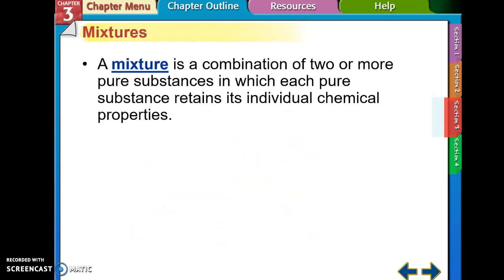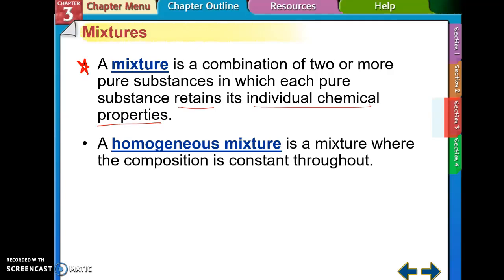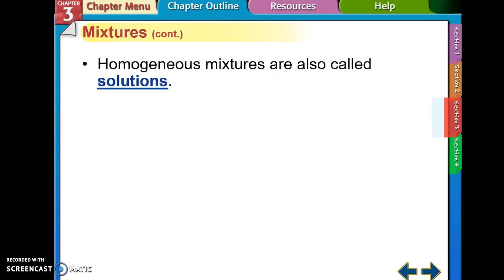Alright, so a mixture, like I said earlier, is a combination of 2 or more pure substances in which each pure substance retains its individual chemical properties. So you can either have homogeneous mixtures in which you have a constant composition throughout, or you can have other kinds of mixtures, which are heterogeneous mixtures.